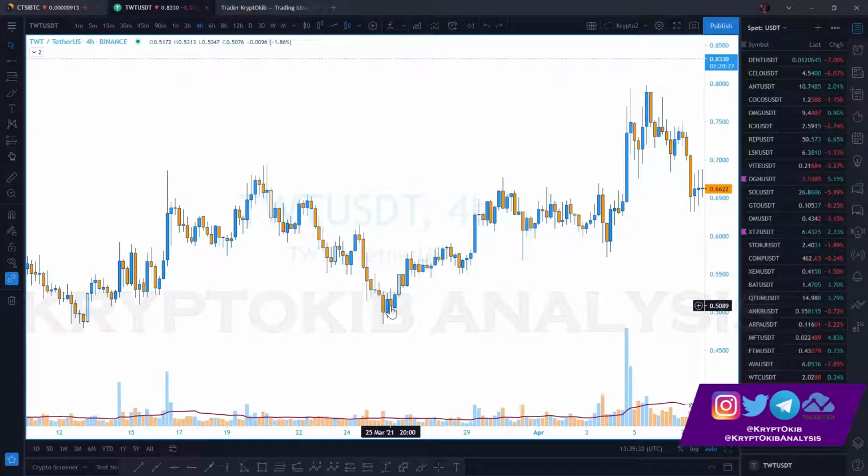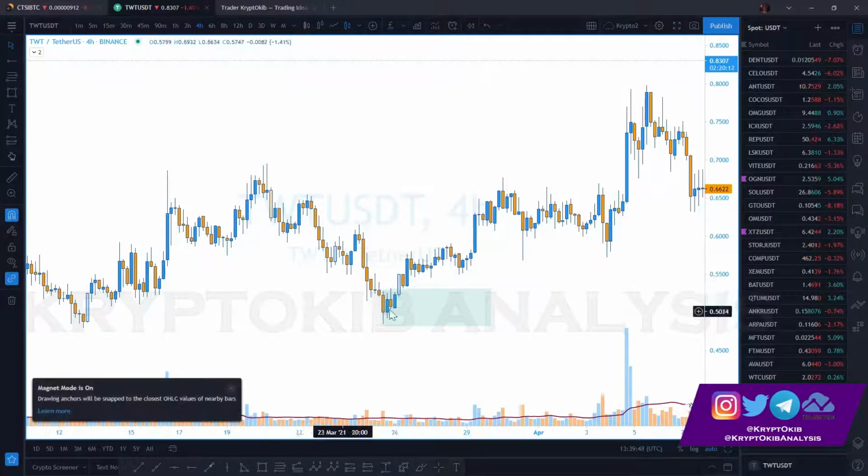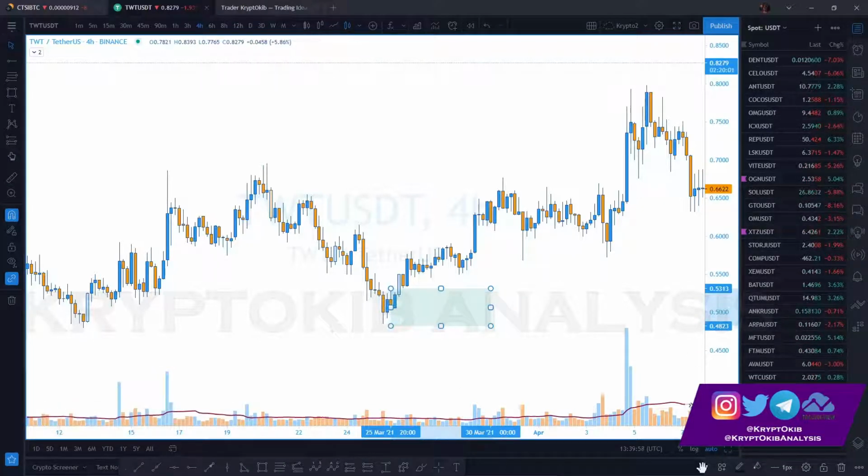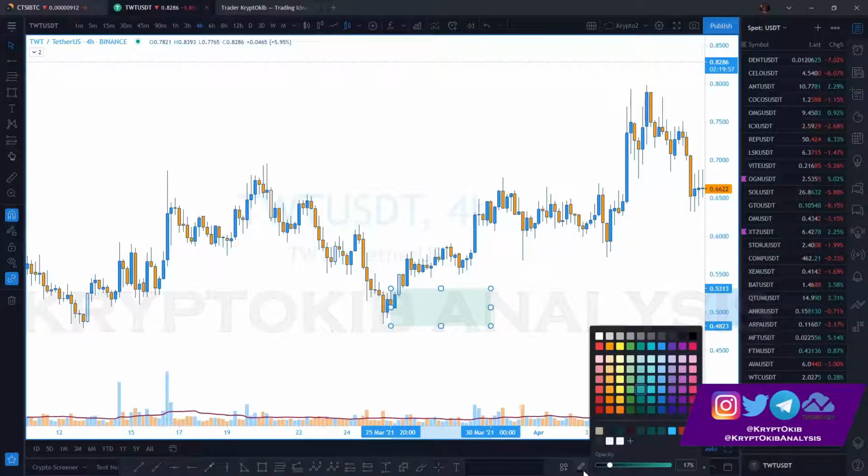So some people will then tell you to draw your zone from the wick of that particular candle to the low of the swing, which is here. Let me enable the magnet feature again. So you want to draw from the wick of this very last red candle, which is here. Let me give this a, what's it called, a border.